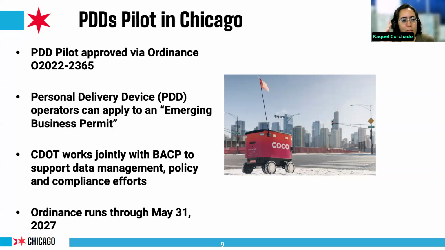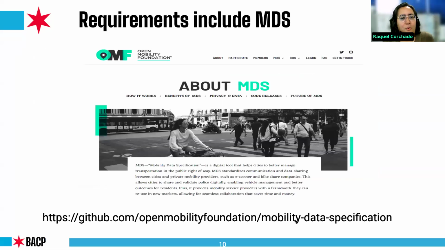Again, this first started in 2022, but has been active live on the ground December of last year, and the pilot has been extended to run all the way until May of 2027. And then our first one was Coco.